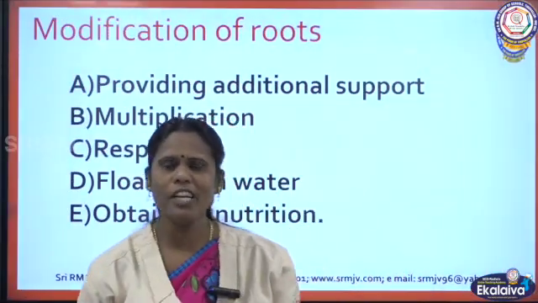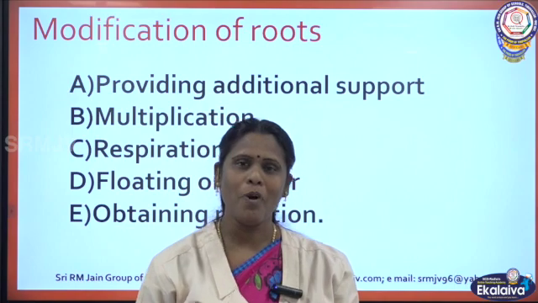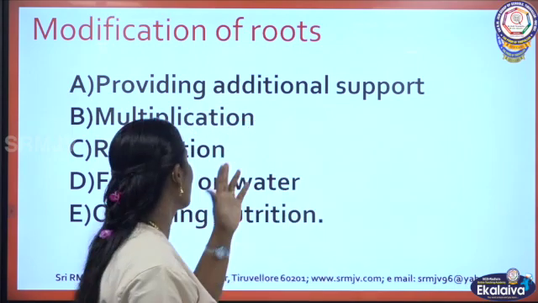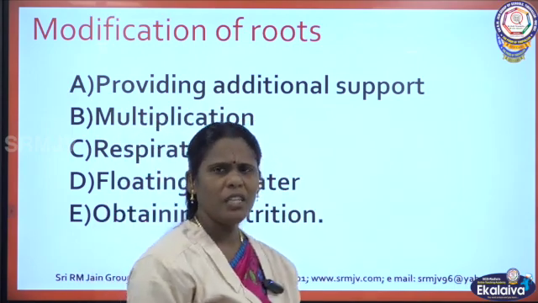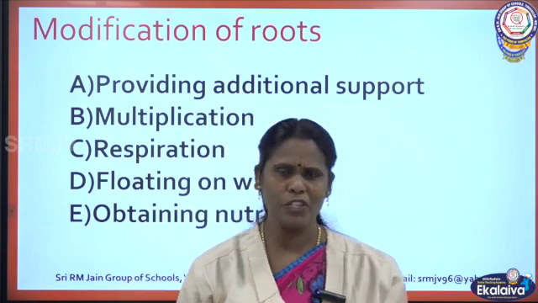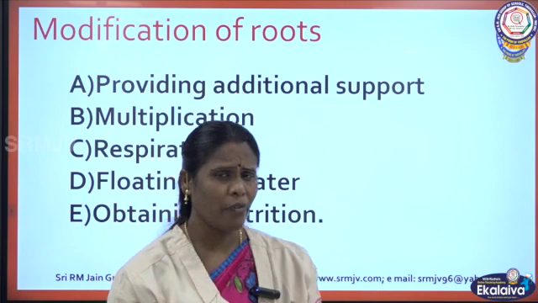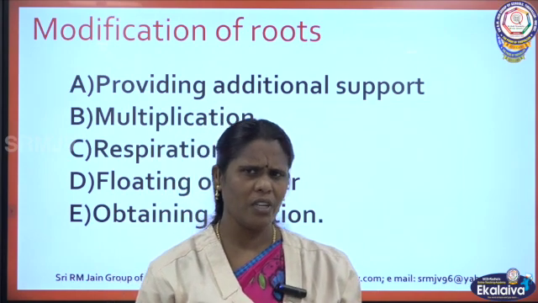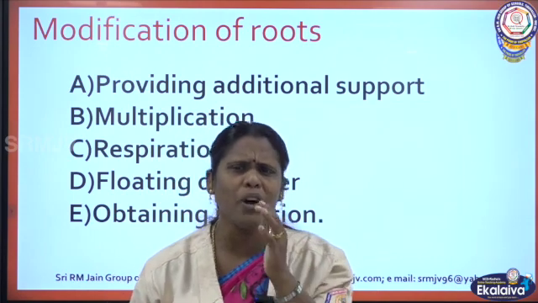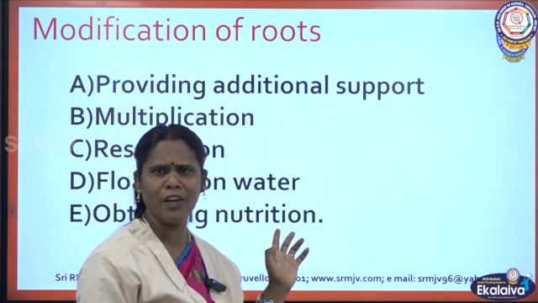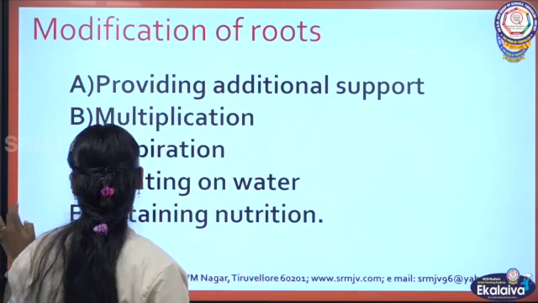Next, we are going to discuss modification of roots. You see, there are 5 different modifications of root. Now, we are going to see those 5 modifications of root and why such modifications take place in the root. Right?